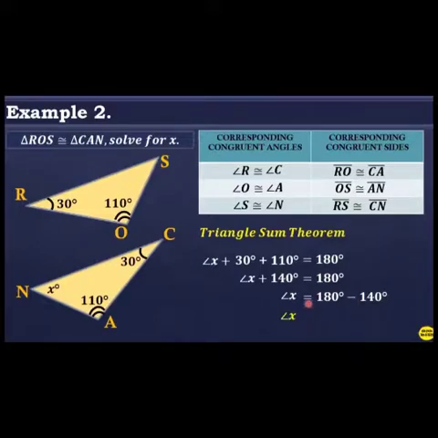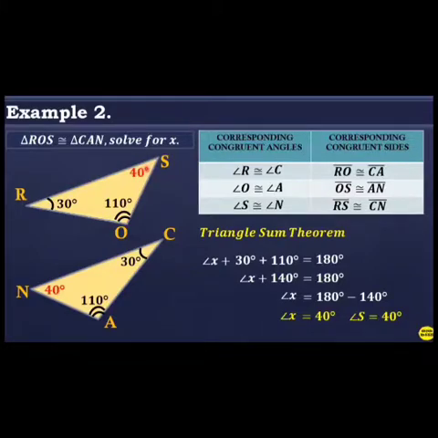Therefore angle x is equal to 40 degrees. Now, this is also 40 degrees. How do we get this? Angle N is congruent to angle S, so angle S is also equal to 40 degrees.